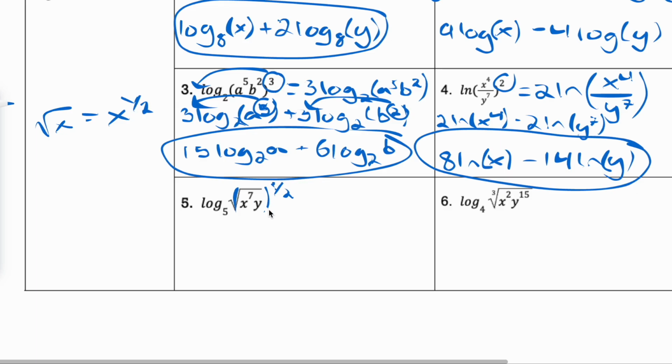Right? And so we can move that 1/2 out front. We can say 1/2 log base 5 of x to the 7th times y. Now we're multiplying, so I'm going to separate these.